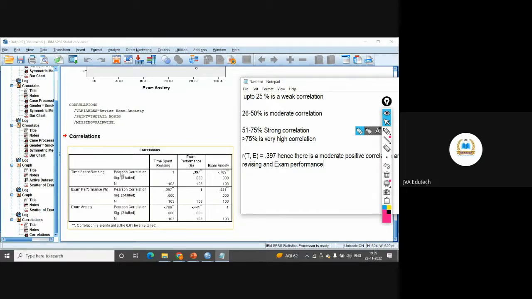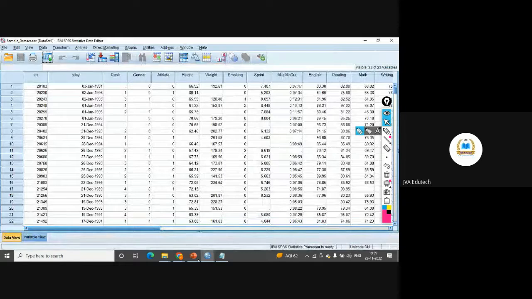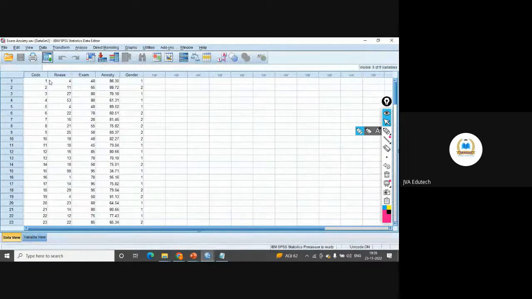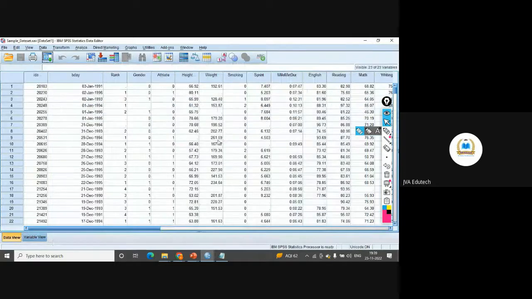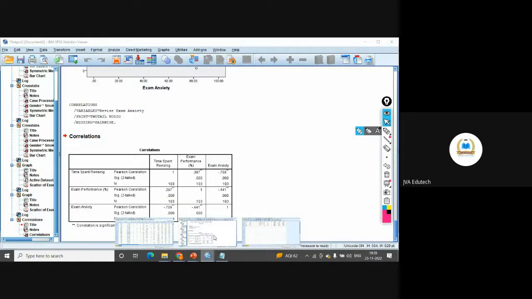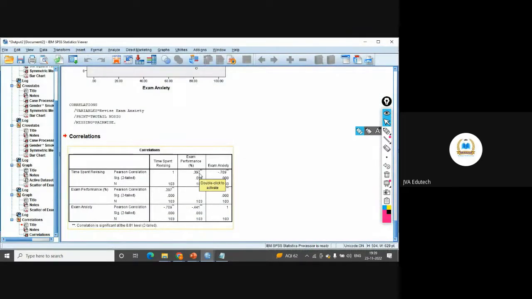Or you can say, because time spent revising is in number of hours, if a student's revision time is increased by 1 hour, the score will increase by how much? 39.7%, right?